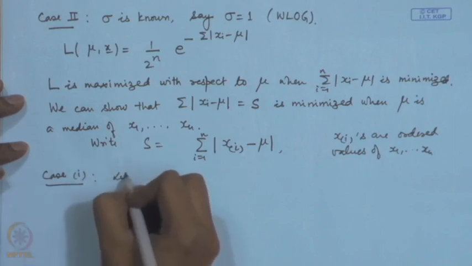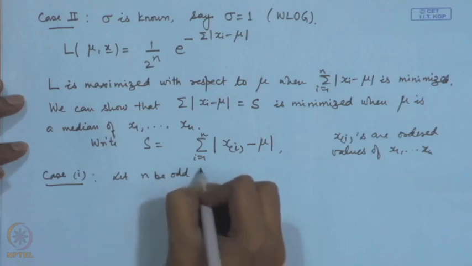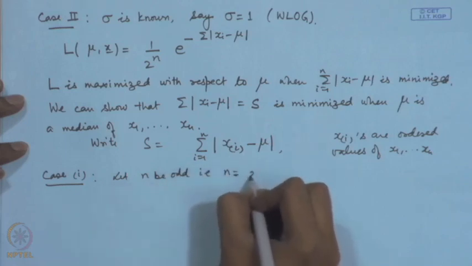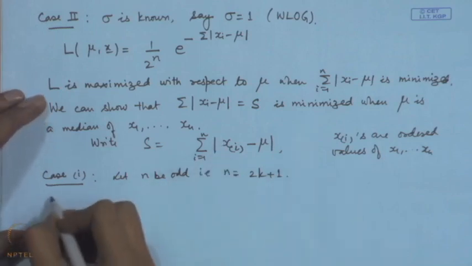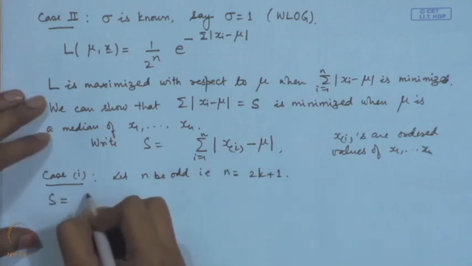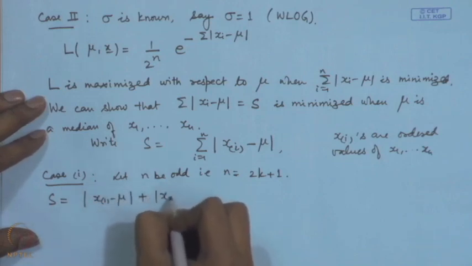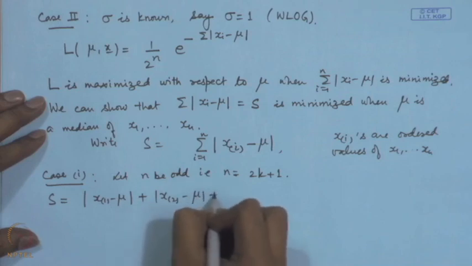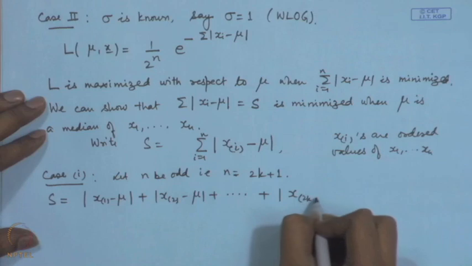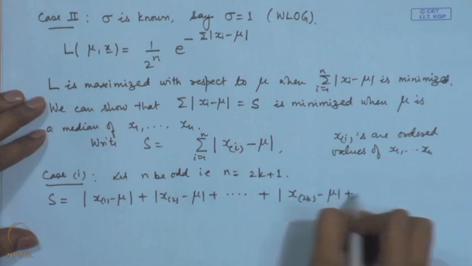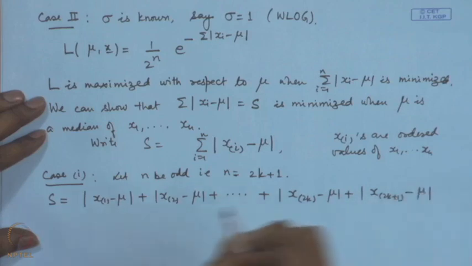Let us take say n equal to 2k plus 1. Now, this sum S we express like this: x_1 minus mu plus x_2 minus mu plus and so on, x_2k minus mu plus x_2k+1 minus mu.